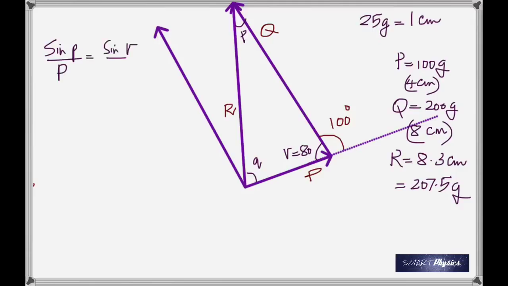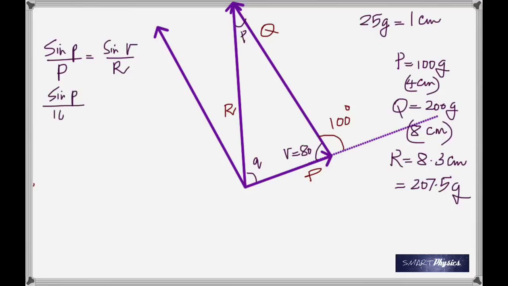Now, according to the law of sines, sine of an angle divided by the opposite side. So if you take sine of P and divide it by P, you should get sine of the angle R divided by the opposite side. So that's the law of sines.